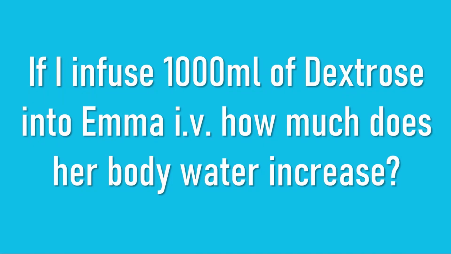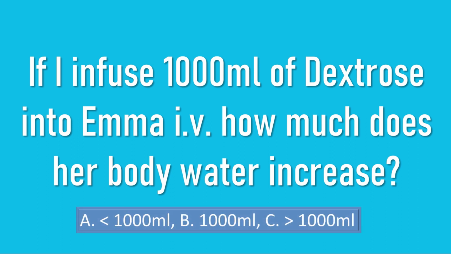If I infuse 1,000 mils of dextrose into Emma intravenously, how much does her body water increase? A, less than 1,000 mils, B, 1,000 mils, or C, greater than 1,000 mils? The correct answer here is actually C, more than 1,000 mils.